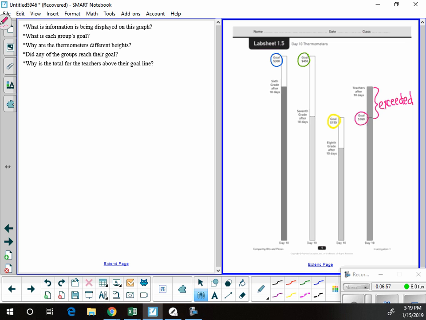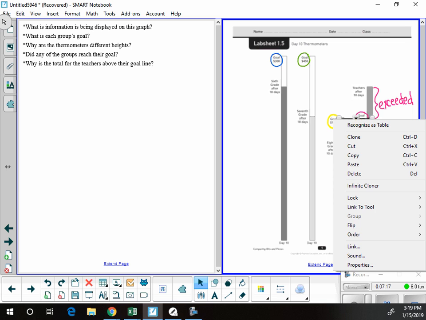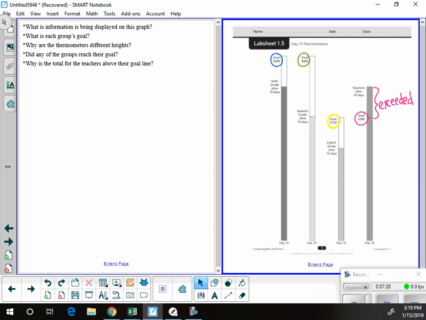Well, why is the 8th grade goal and the teacher's goal the same height? Yeah, so if we look at these two goals, this is 150 and this one is 360, but they're the same height. So that's kind of crazy. We haven't really seen that before. So what this is going to require you to do today is to really think about what is your goal.